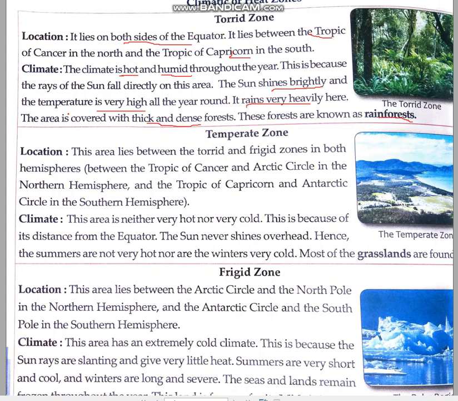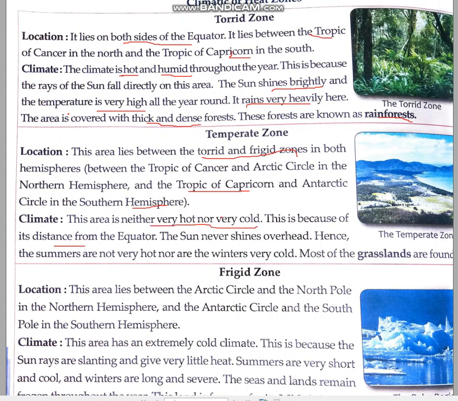Temperate zone is the area, as I have shown you in the diagram, between Tropic of Cancer and Arctic Circle in the northern hemisphere, and Tropic of Capricorn and Antarctic Circle in the southern hemisphere. Now, because the sun rays have to travel a distance to fall on it, it does not get direct sun rays, so the area here is not very hot and not very cold.